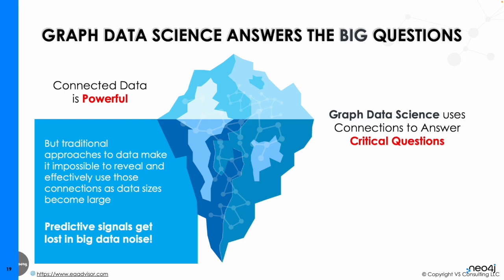If you were to pull up one of these graphs with millions of connections and nodes, it's impossible for humans to really find the nuggets in there. And that's what the graph data science on top of these platforms provides you.